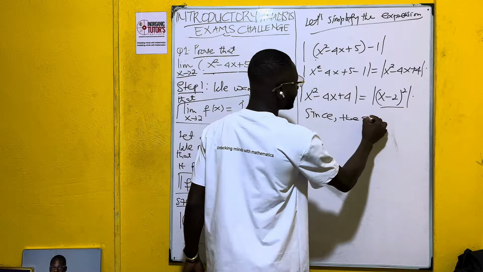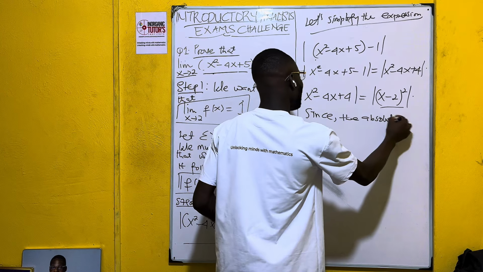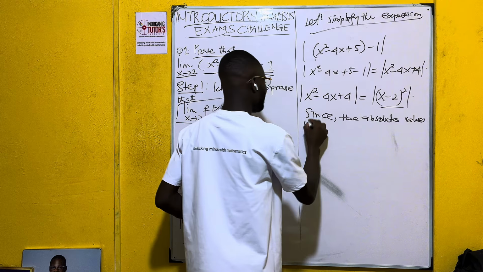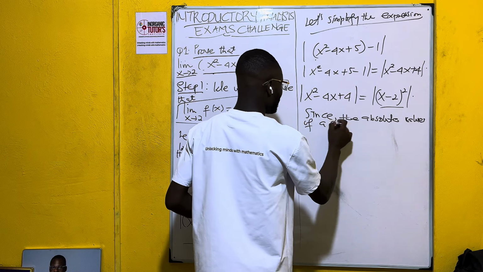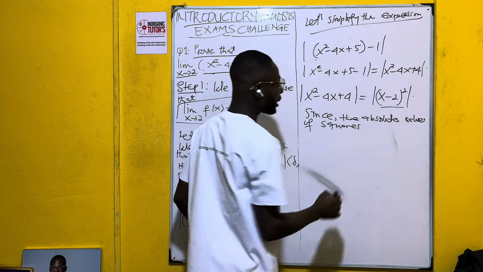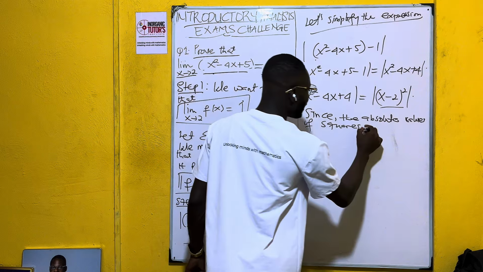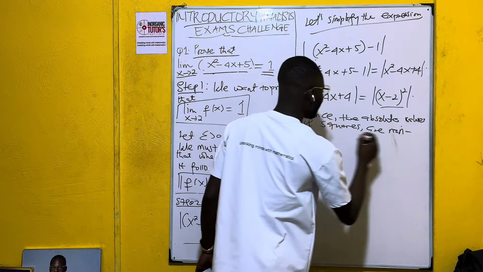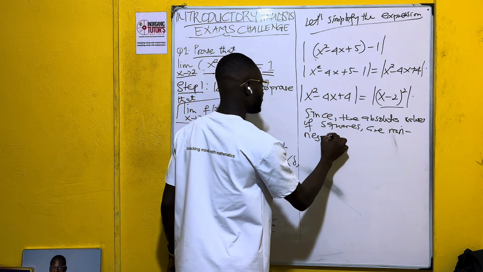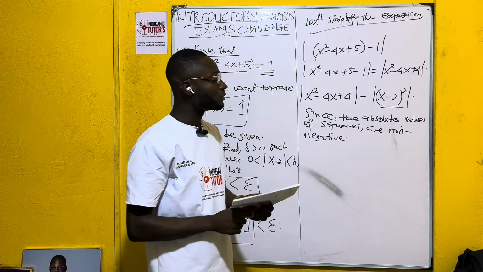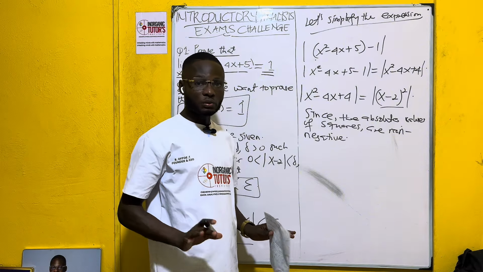Since the absolute values of squares are non-negative, any absolute value of a square is non-negative.